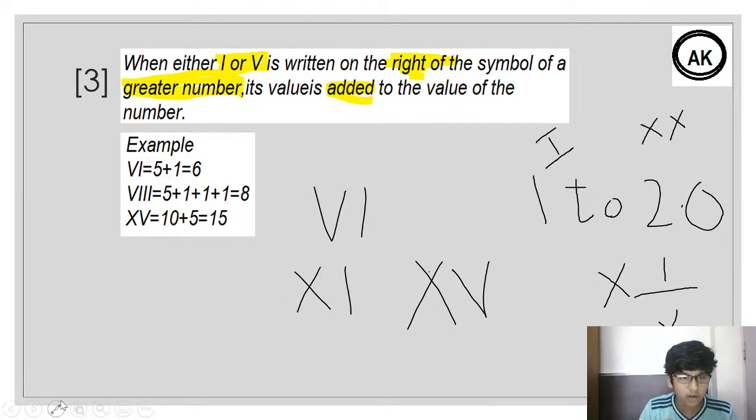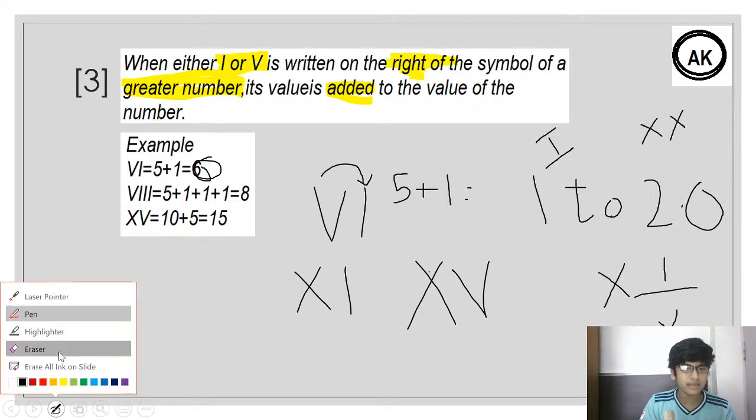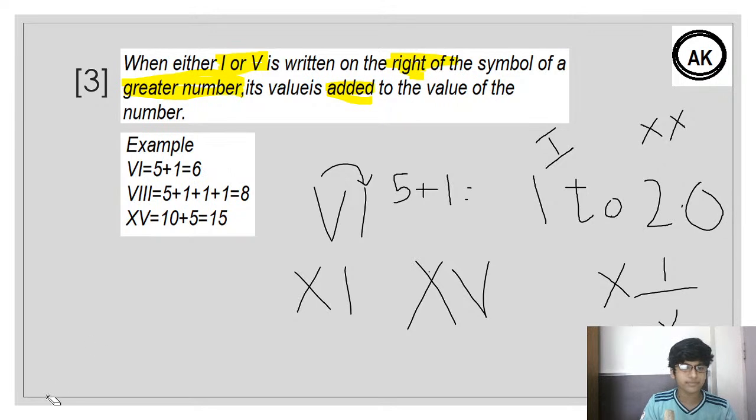So what is the value of V? The value of V is 5, plus 1 added on the right side. As it is on the right side, the number gets added. So the answer we get is 6. Understanding, children, the answer we get is 6.